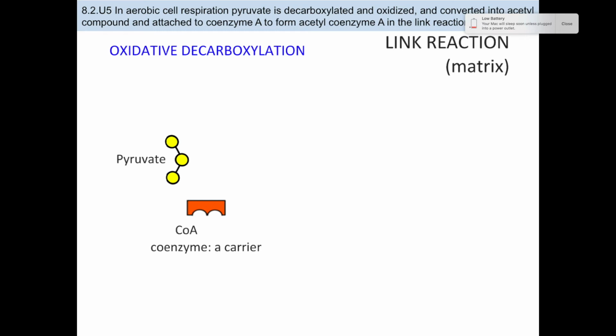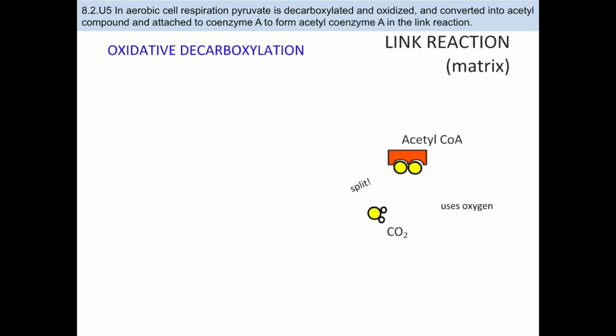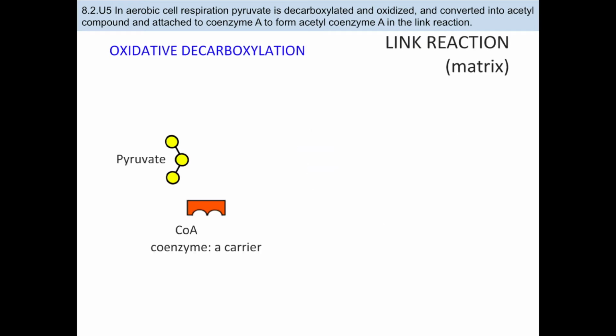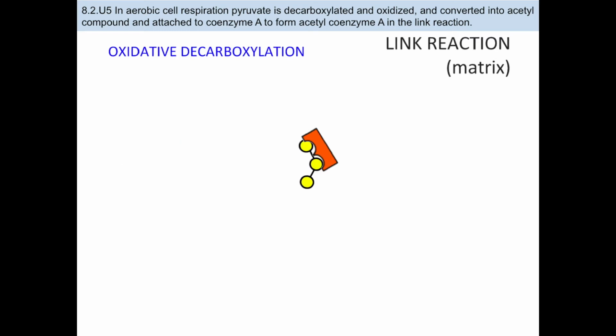So why do you think it's called oxidative? Something is oxidized. Something is decarboxylated. So please look at the picture again. So we have pyruvate. That's the end product of glycolysis. In the presence of an enzyme, we call it coenzyme A. Look at what's happening.